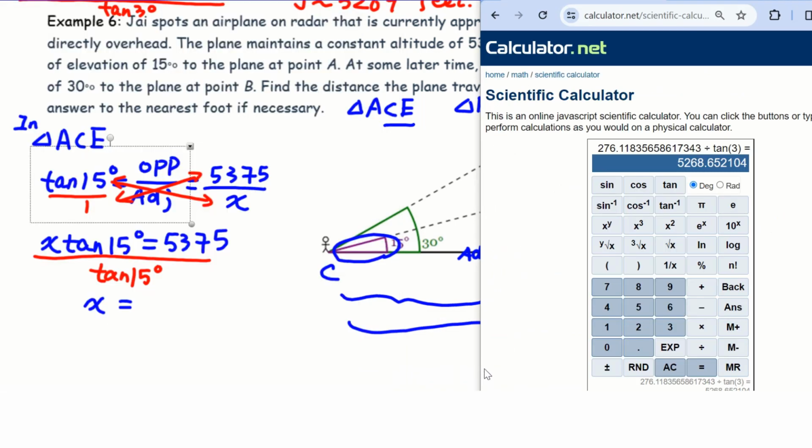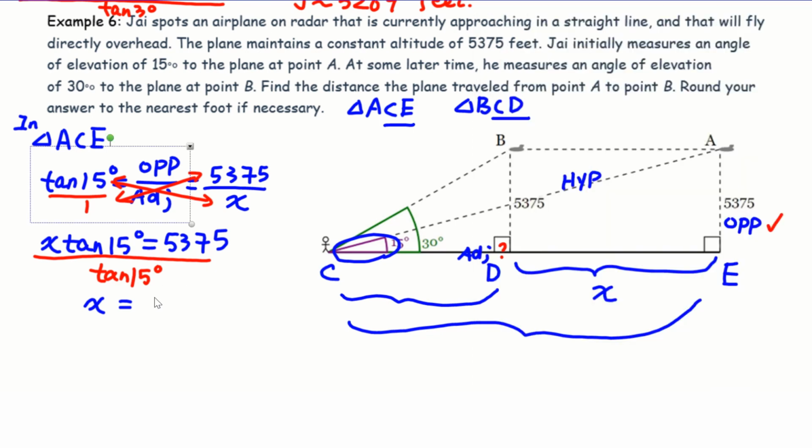So we are going to do 5375 divided by tan 15, then close the bracket, then it's 20059.77.